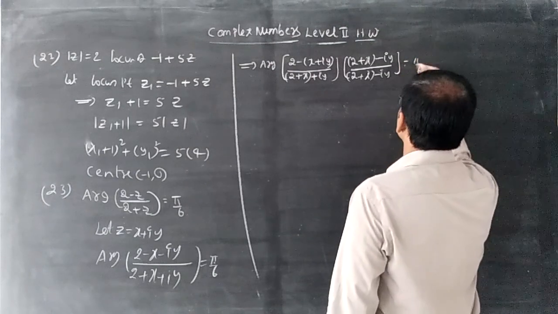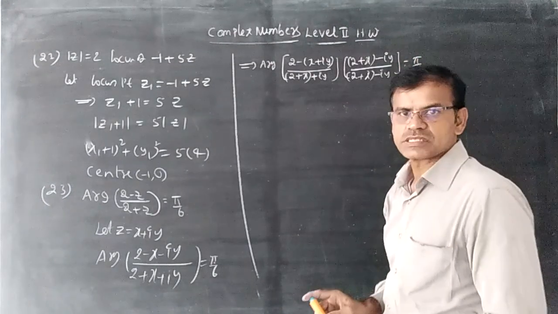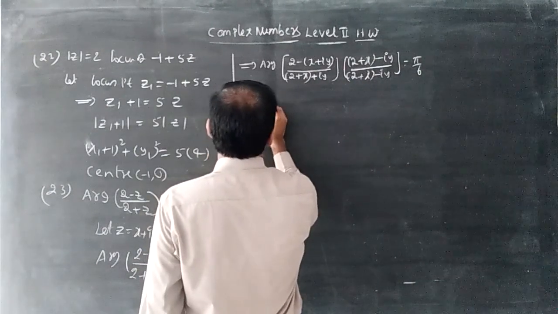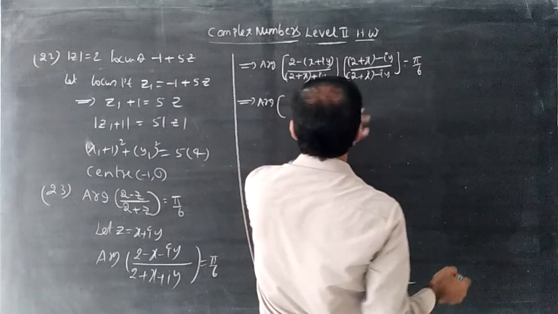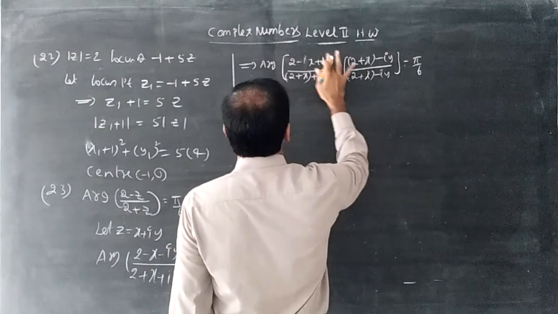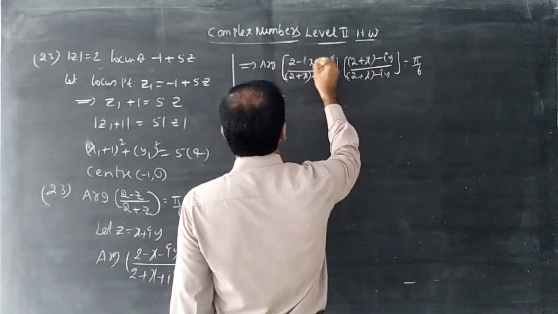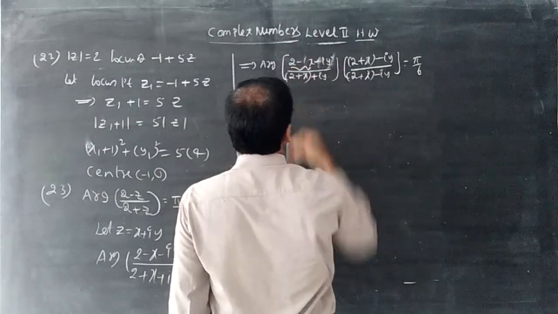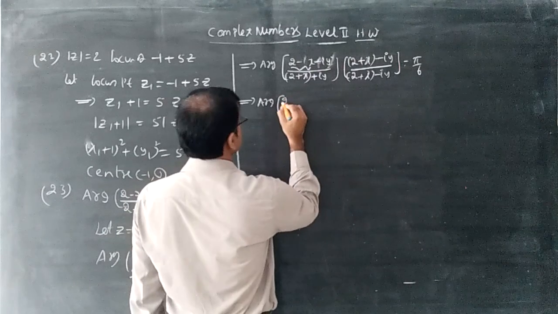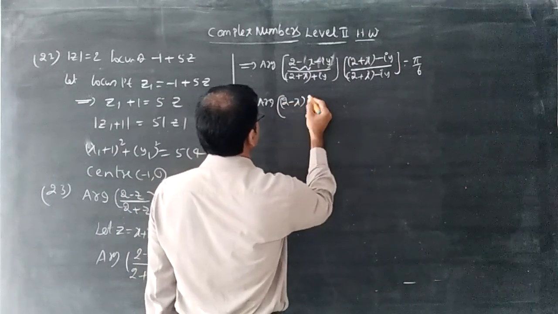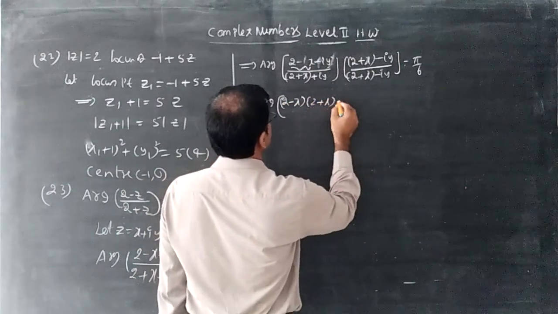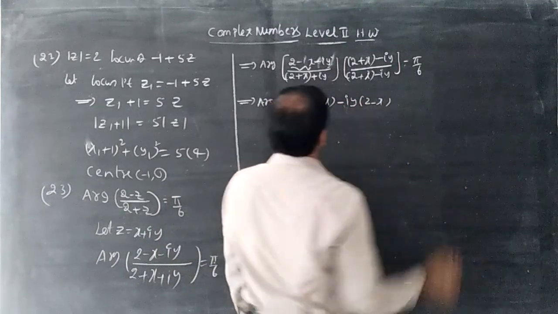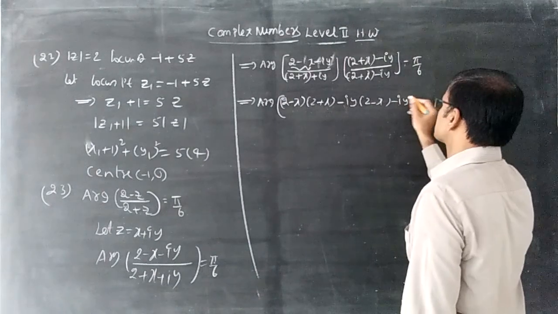Argument of this complex number is pi by 6. That implies argument of, multiply completely, so better to take in the way 2 minus x minus iy. So like this, we can multiply 2 minus x into 2 plus x.